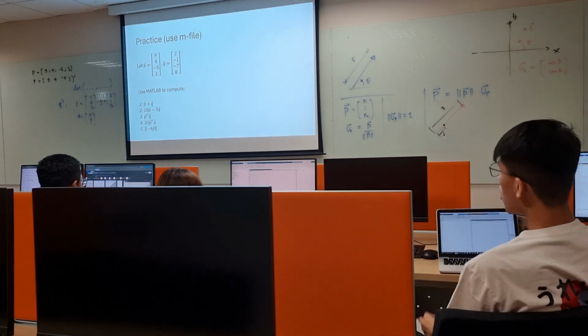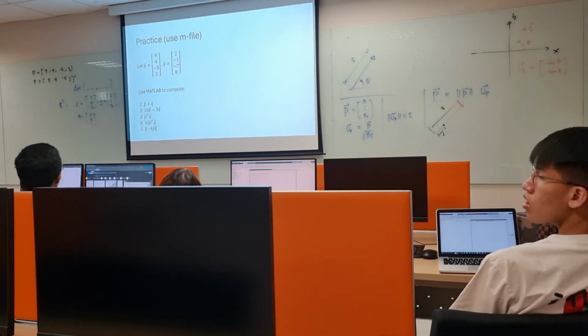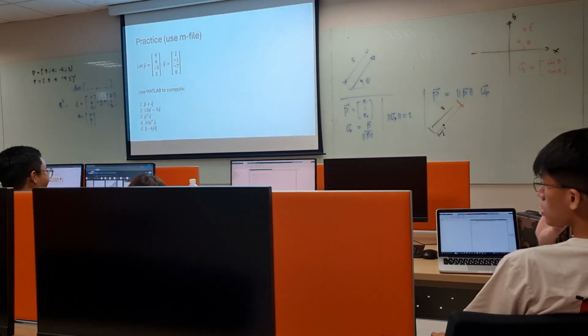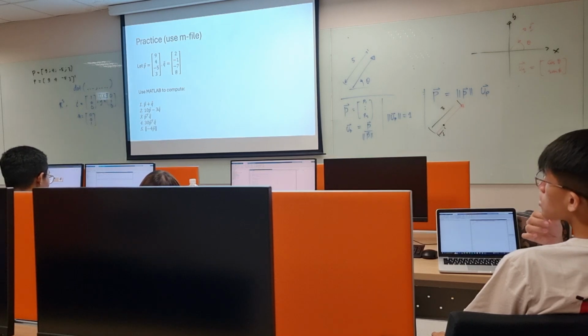Numbers 1 and 2, the result is vector. What about number 1 first?